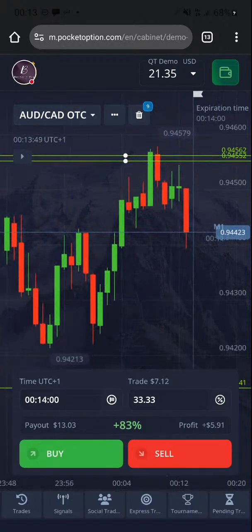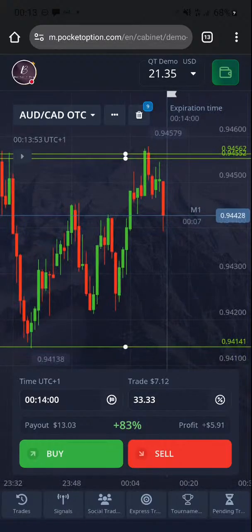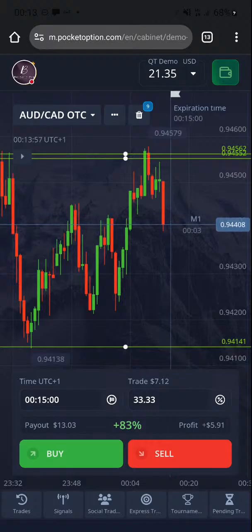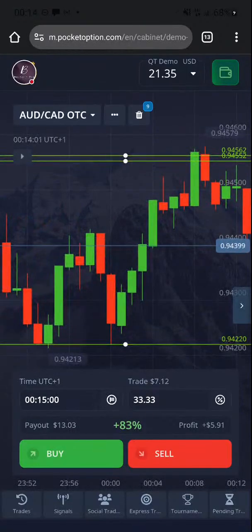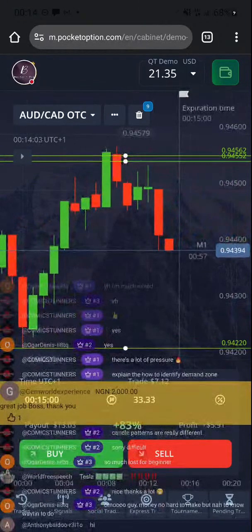Okay, this is a very nice one. This looks like a third touch. Yes, we have first touch high, second touch higher high.